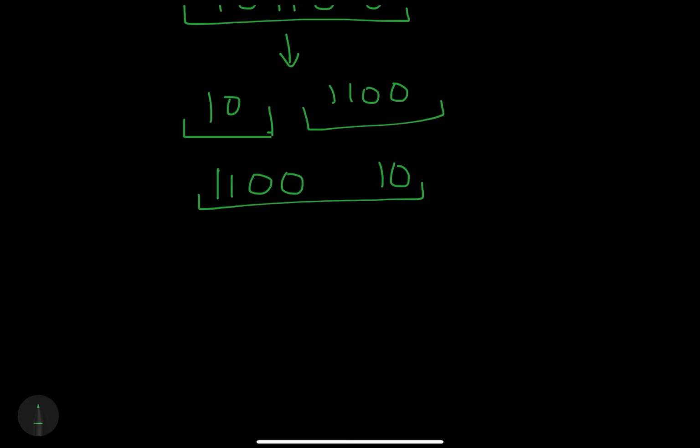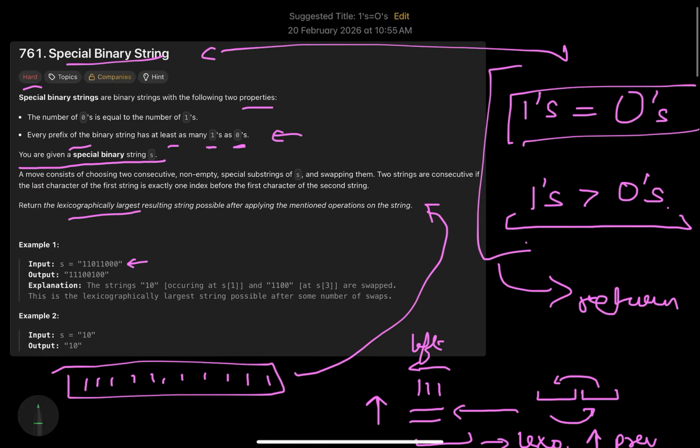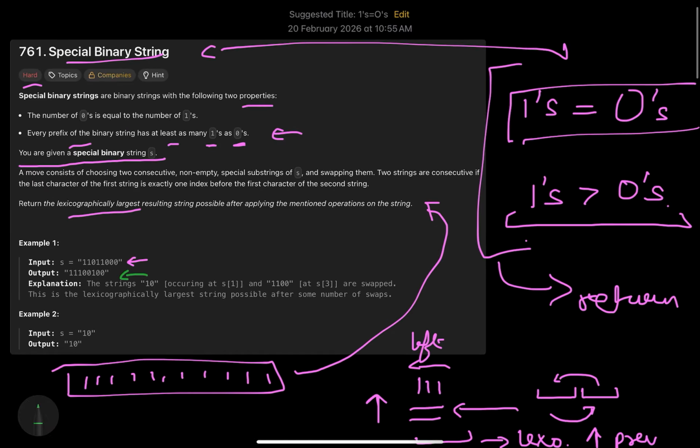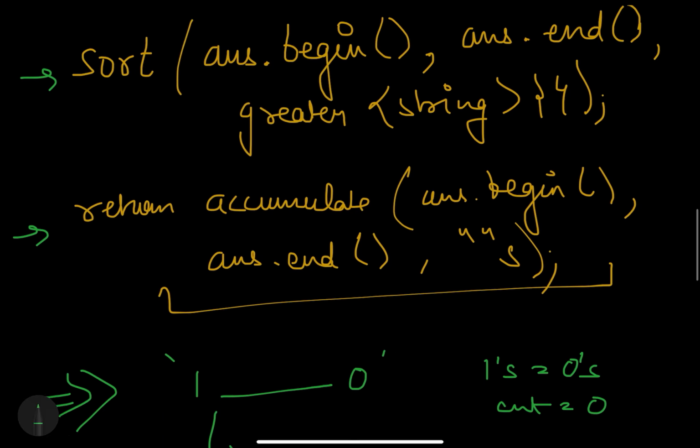While rebuilding, we have added our 1 and 0, and after adding this 110, our final string would have become 1100100. And this was our answer. See, this was our given string and this was our answer. So this is how we have done it.